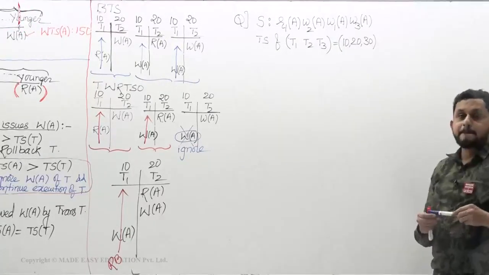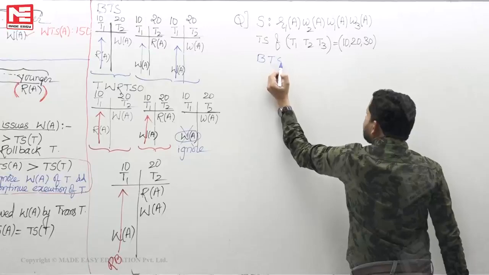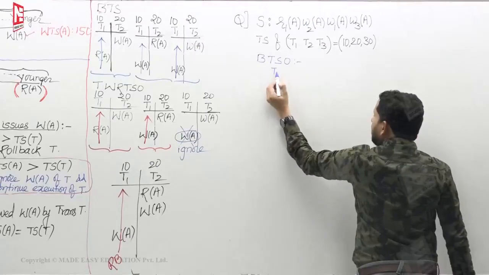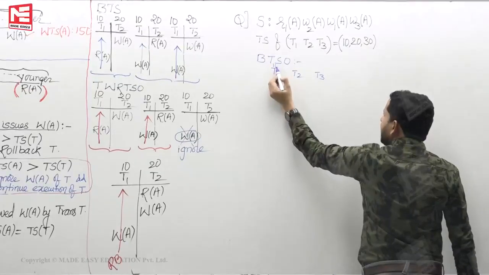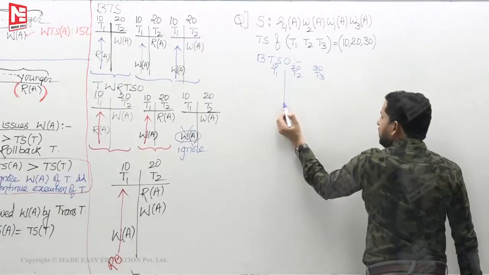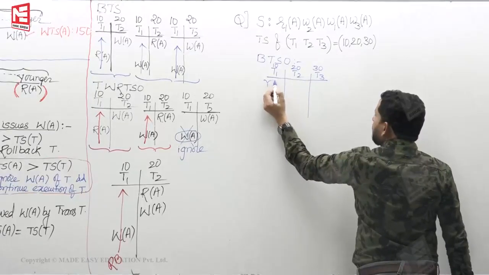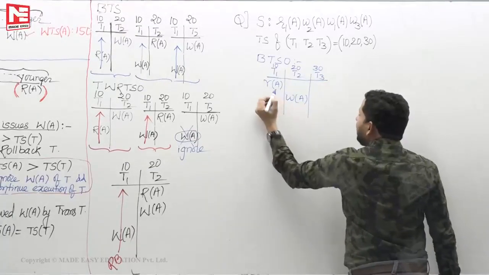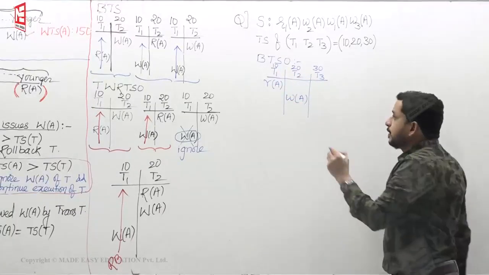If we apply the basic timestamp ordering protocol, the previous protocol: T1 is one transaction with timestamp 10, T2 with timestamp 20, T3 with timestamp 30. Now T1 read of A is allowed. T2 write of A is a conflict pair, and based on timestamp order, 10 precedes 20, so it is allowed.